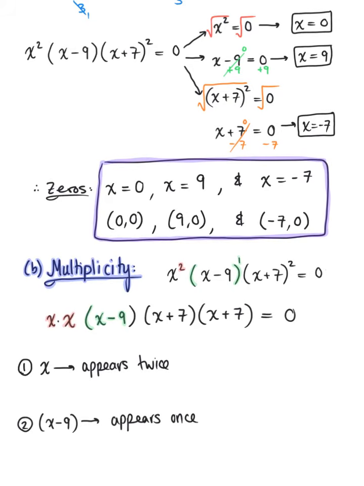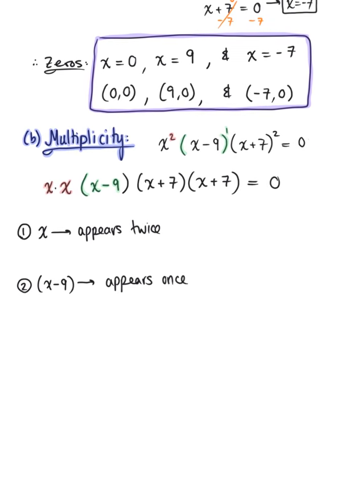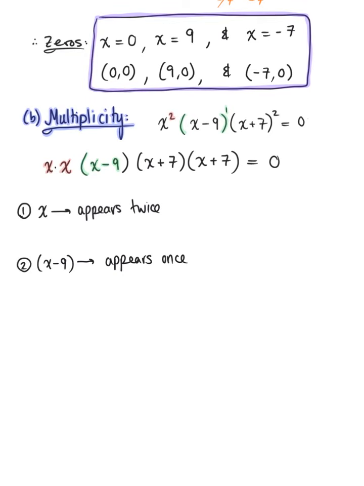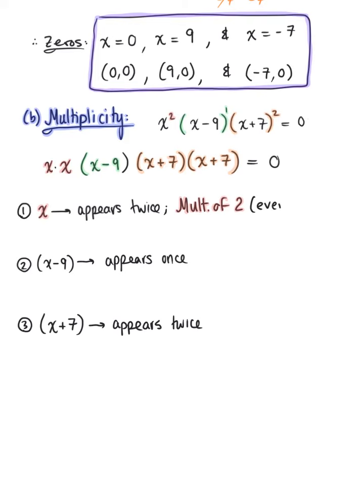And last but not least, do you see any other factors? We sure do. We see the factor x plus 7. And how many times does this factor appear? Twice. So the hard work is done. What we've done here is we've actually identified the multiplicity. So with factor x, we see that this factor appears 2 times, which means that this factor has a multiplicity of 2, which is an even number.